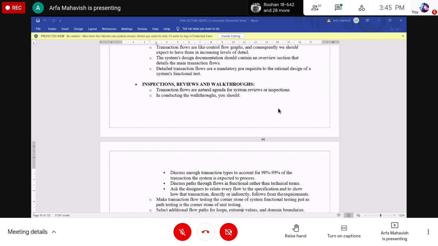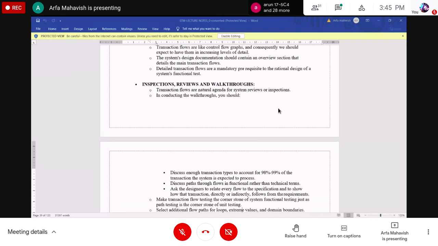Next we have the walkthrough. The walkthrough is a knowledge transition section about the process or the techniques it contains.